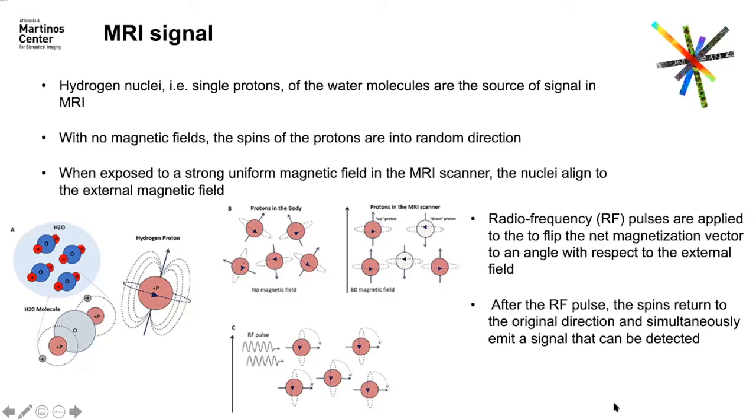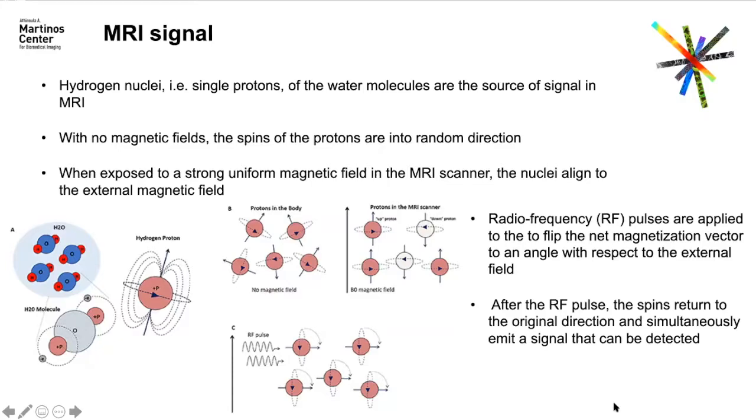The nuclei possess a spin, and when the nuclei are outside of a magnetic field, those spins are in random directions.